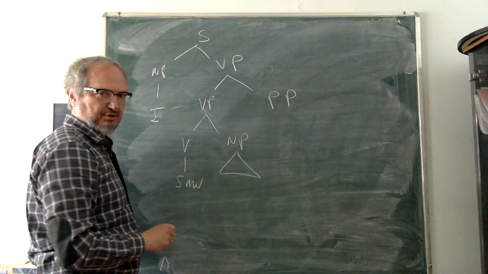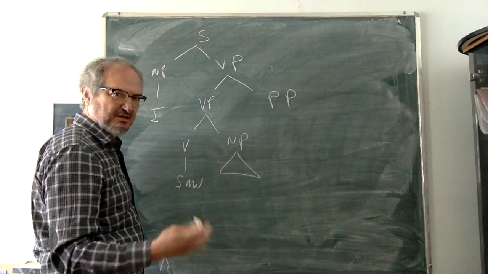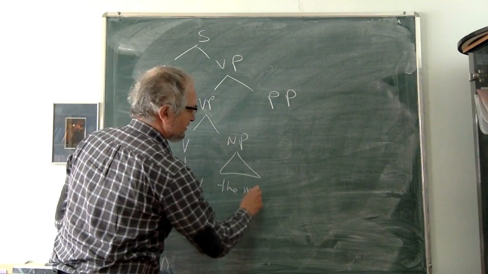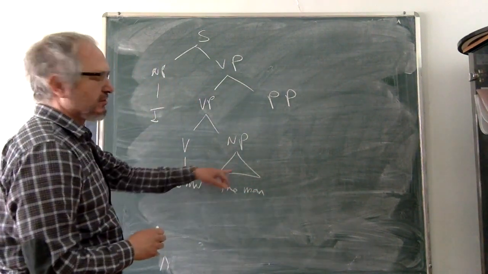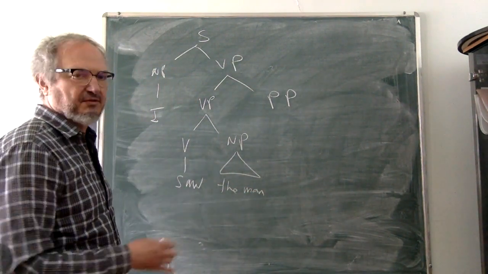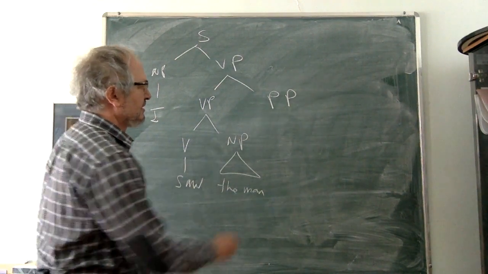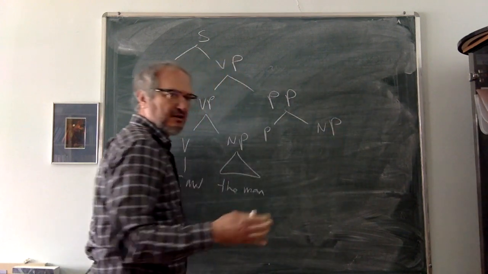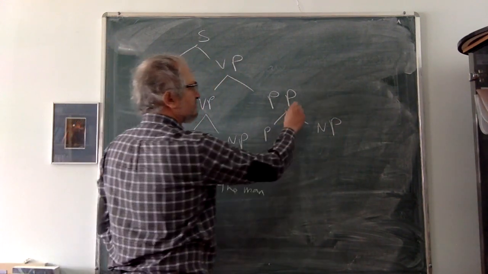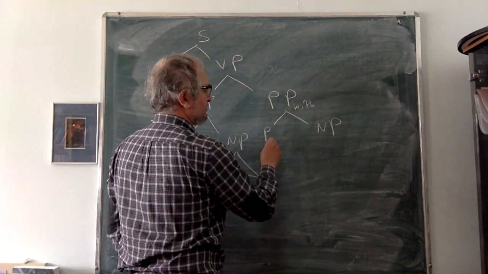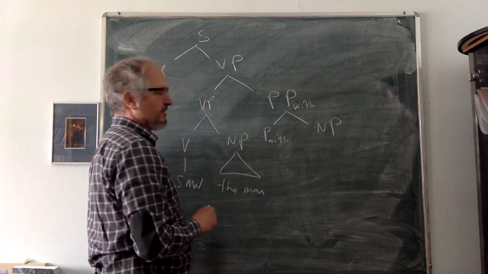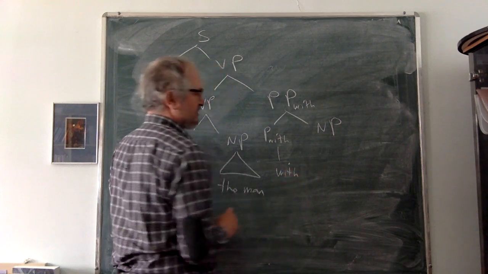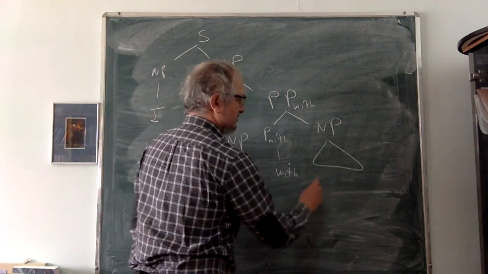Let me just draw a simple thing, because I'm not interested in the internal structure of the domain. I can simply write it like this. That's usually a convention. You draw a triangle if you're not interested in internal details. And this rule will be something like P followed by an NP, with the telescope. So this will be the preposition headed by with, and then this is the telescope.